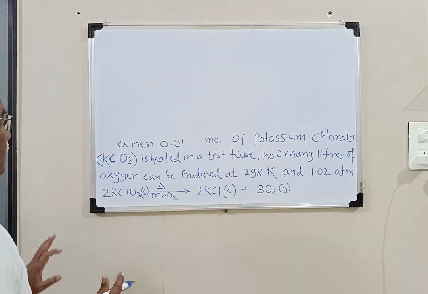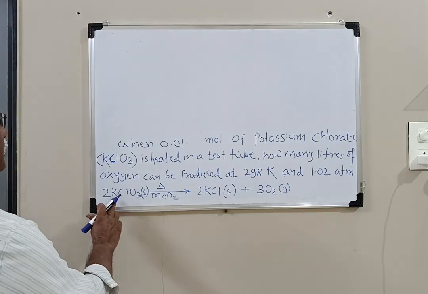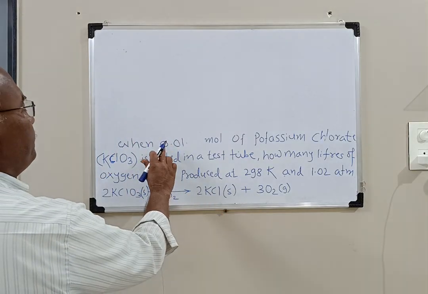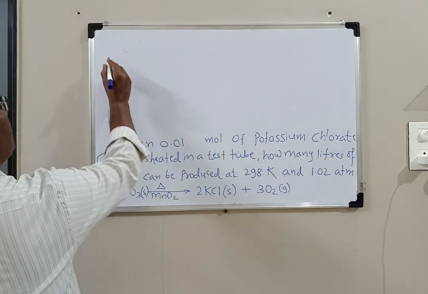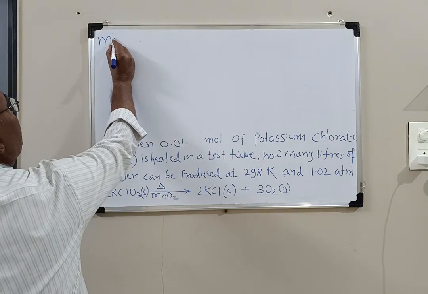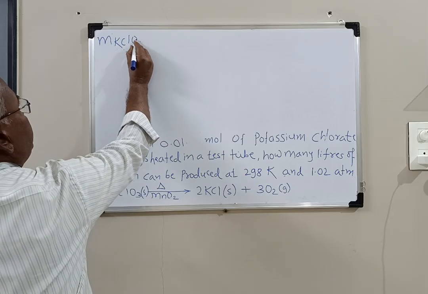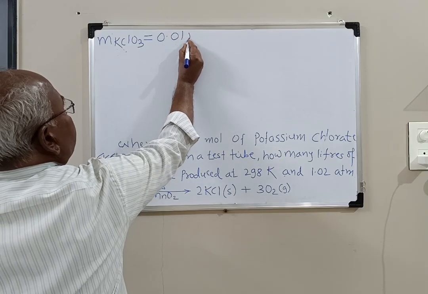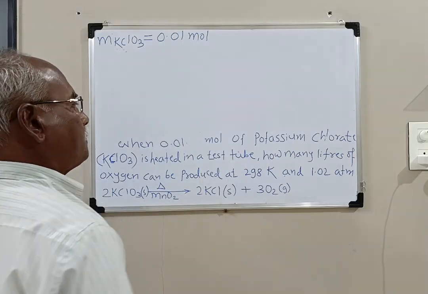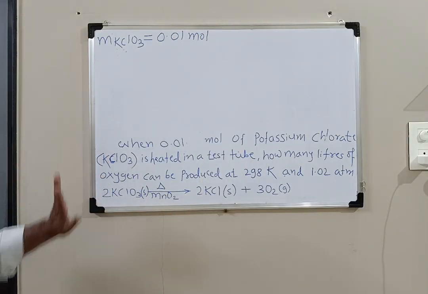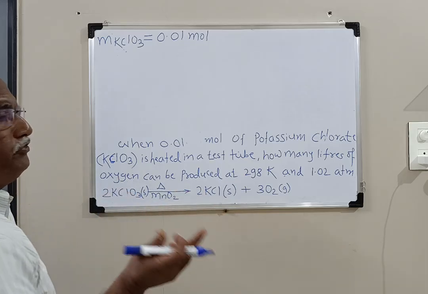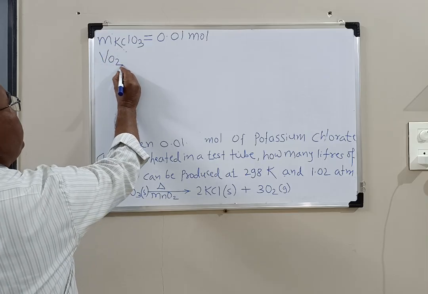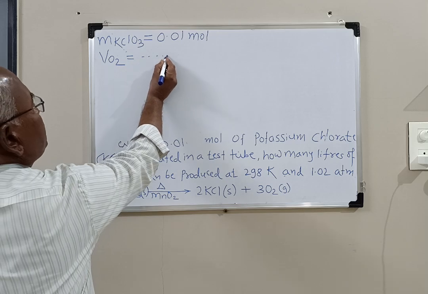In this reaction, the quantitative relation is given. The mass of KClO3 is 0.01 mole. It is heated in a test tube. How many liters of oxygen can be produced? Therefore, I represent here V of O2, which we have to calculate.